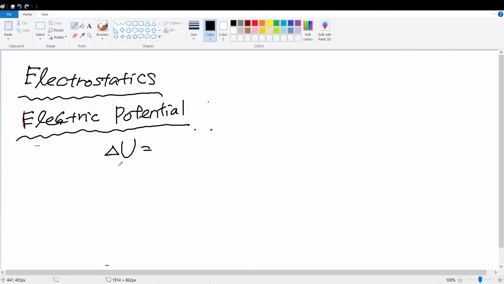To be noted, this is a charge. What we have for the other one is volt, the electric potential. Electric potential describes a unit charge.